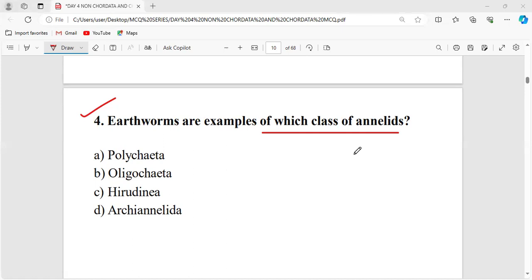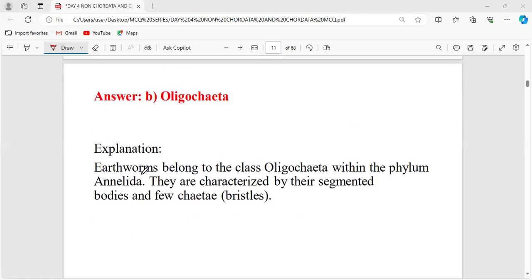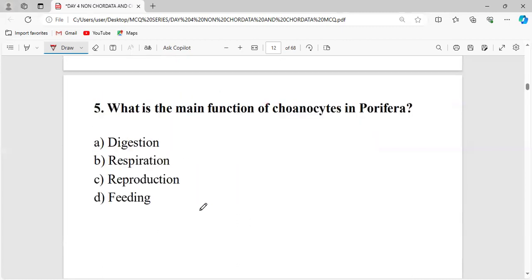Earthworms belong to the class Oligochaeta and are characterized by their segmented bodies. And the important structure which originated only in the phylum Annelida is metameric segmentation. We can see the segments both internally as well as externally. It is known for its metameric segmentation, right?